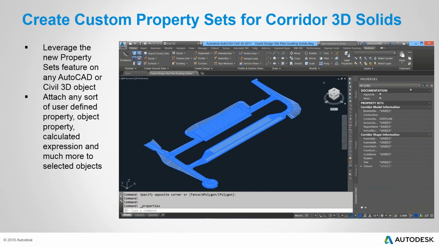So once we select all of the 3D solids, we can then attach the corridor information property sets. So by selecting the properties tool palette in the lower left-hand corner, you will see the tab called Extended Data.